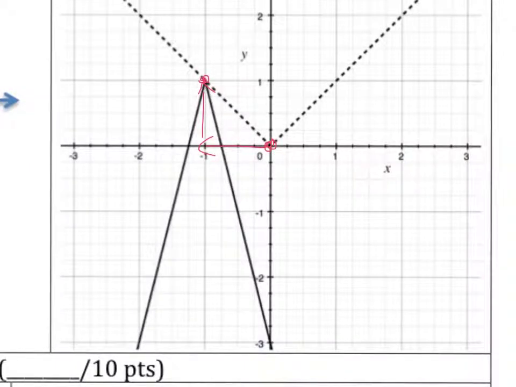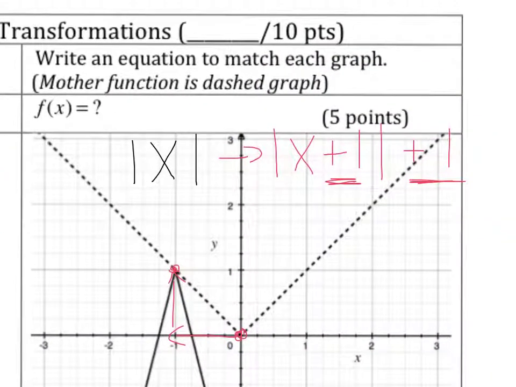And here I'm going down 1, 2, 3, 4, and over 1. That means we're going to have a slope of negative 4. So my equation is negative 4 times the absolute value of x plus 1 with another plus 1 on the outside.